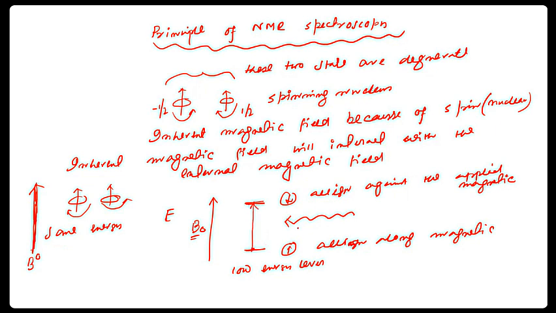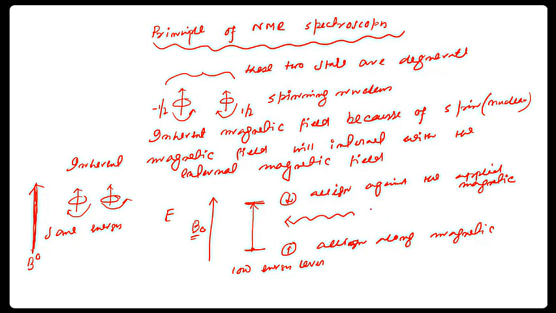Basically, these are degenerate, we break the degeneracy by applying a magnetic field B0, and then we allow the nucleus to absorb some radiation. If the radiation exactly matches this gap, then the nuclear transition will happen.